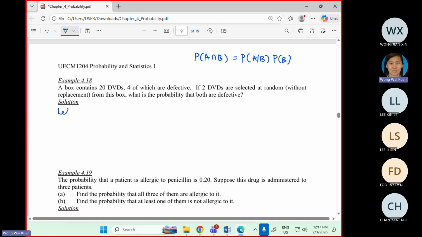How did you do that before? Let D be the event that the selected DVD is defective. Then what is the probability that both are defective? 20 DVDs, 4 are defective, 2 randomly selected DVDs are both defective.